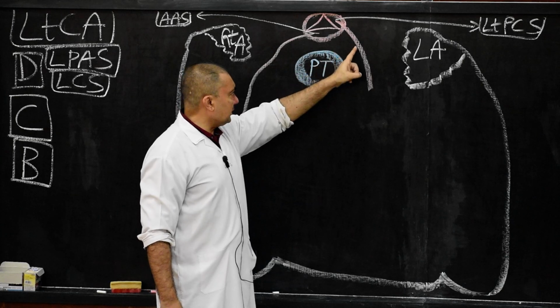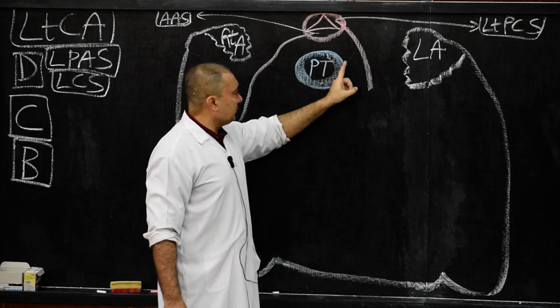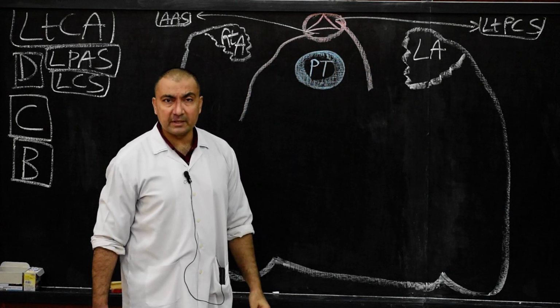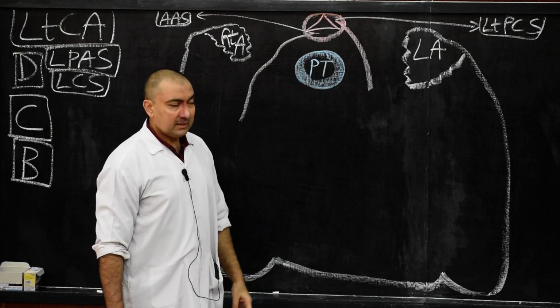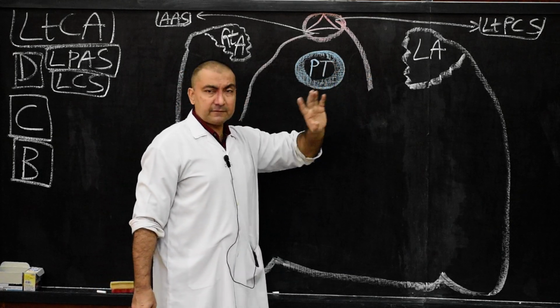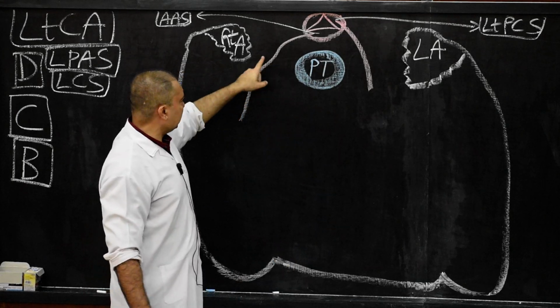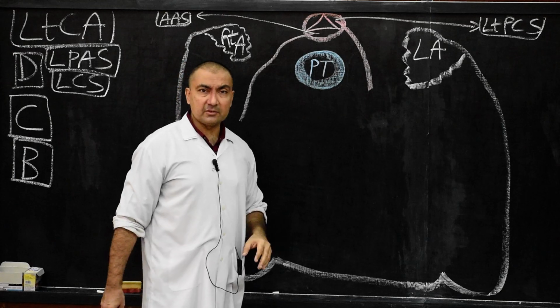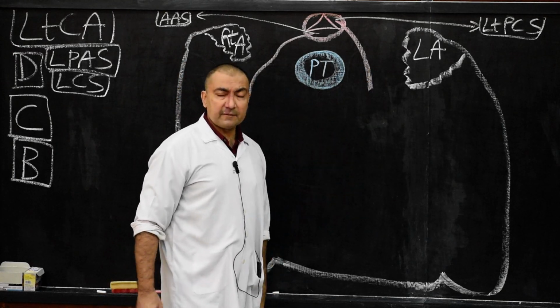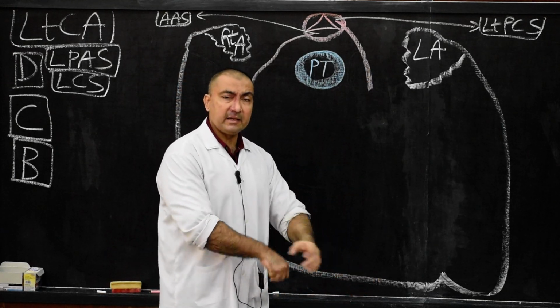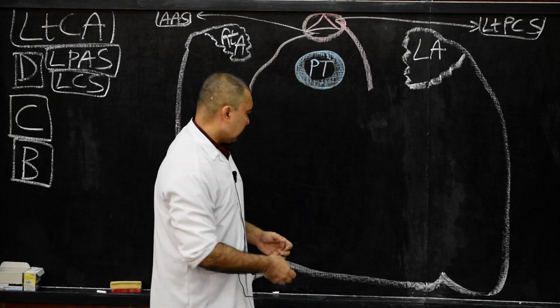Then this left coronary artery will pass in between pulmonary trunk and the left auricle. This point is very important. So in between pulmonary trunk and the left auricle, the left coronary artery passes, just as we had seen in right coronary artery between pulmonary trunk and right auricle. Now left coronary artery will pass between pulmonary trunk and left auricle.